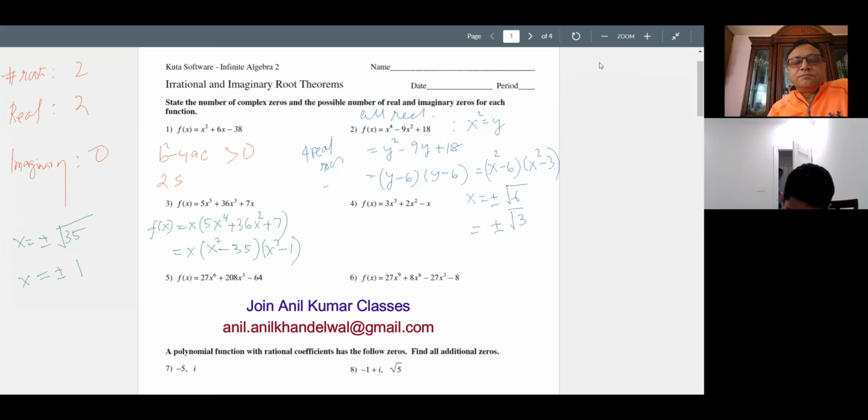So it has 5 real roots. You're right. x equals 0 is one real root. x equals plus or minus square root 35 and x equals plus or minus 1.